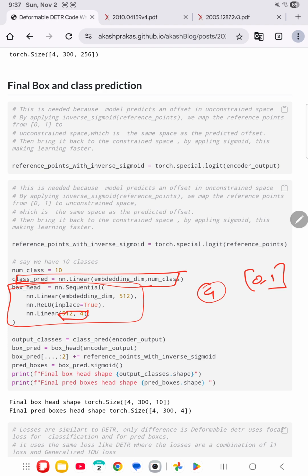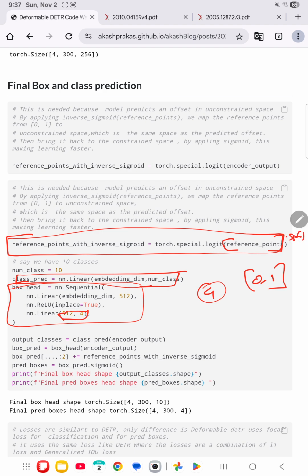One thing that you need to understand here is the reference point inverse sigmoid. We had the reference point neural network predicting the reference point, and we sigmoided it so that it will be in 0 to 1 space, but the predictions can be outside the 0 to 1 space, so we have to apply inverse sigmoid to it.